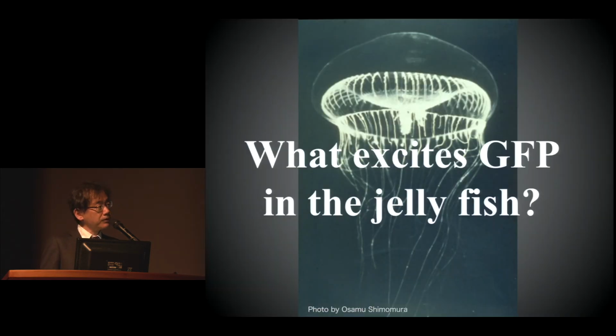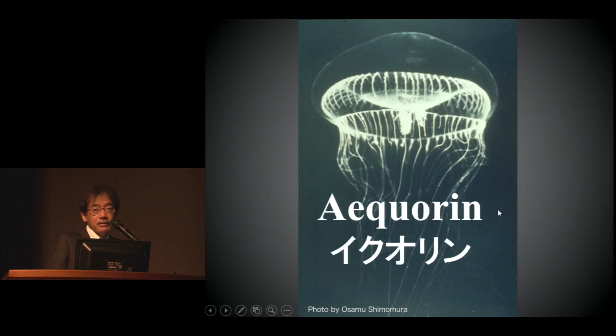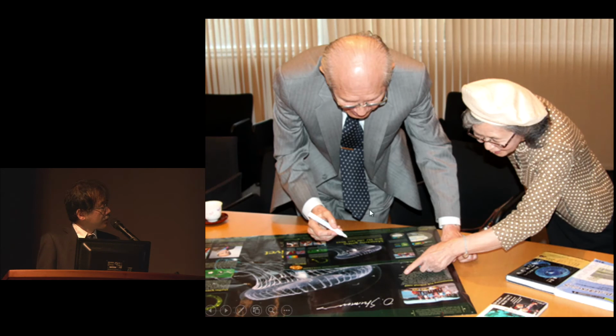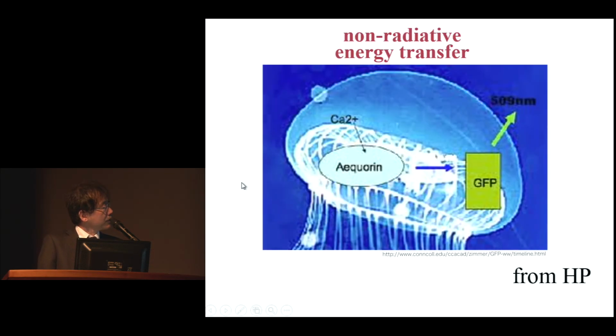The first question is this: what excites GFP in the jellyfish, Aequorea victoria? And the answer is aequorin. Aequorin was studied by Shimomura. It is a calcium-sensitive photoprotein, a chemiluminescent protein.